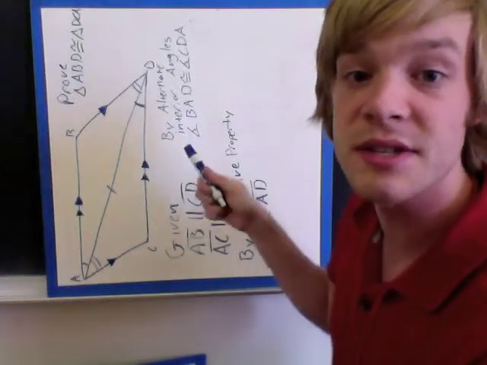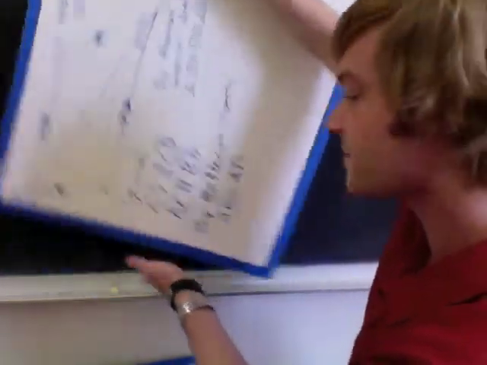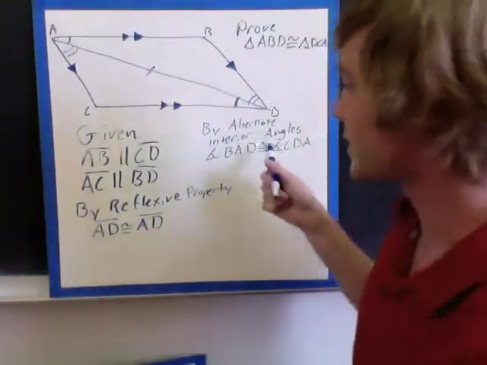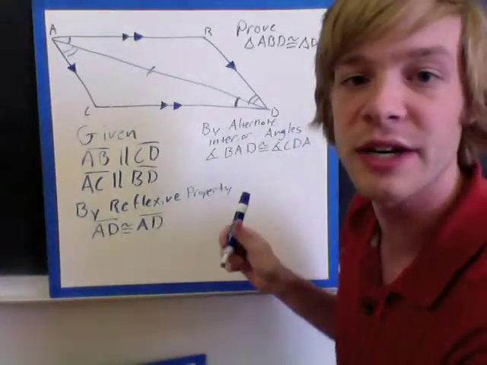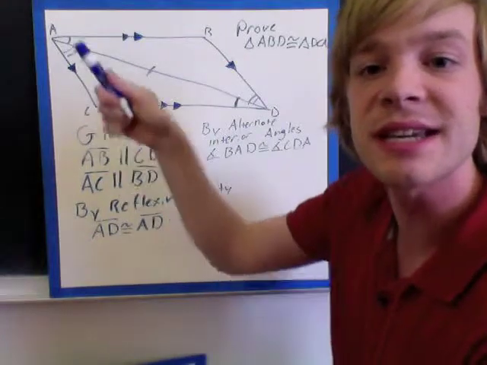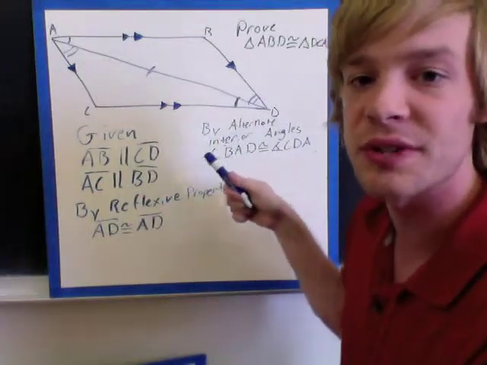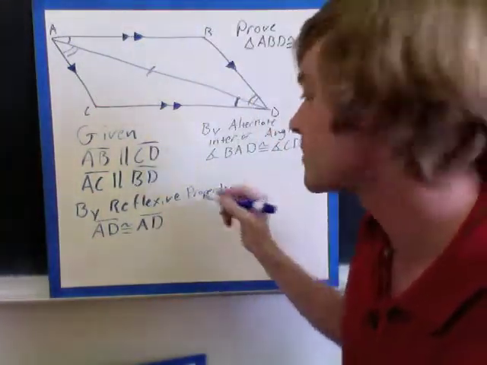So once again, this is alternate interior angles. I can keep the same rule, I don't have to write it again, and now I can say that angle CAD is congruent to angle BDA.